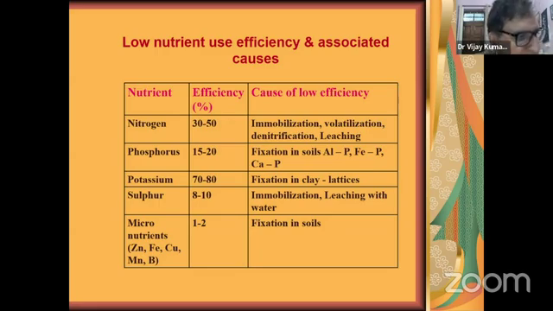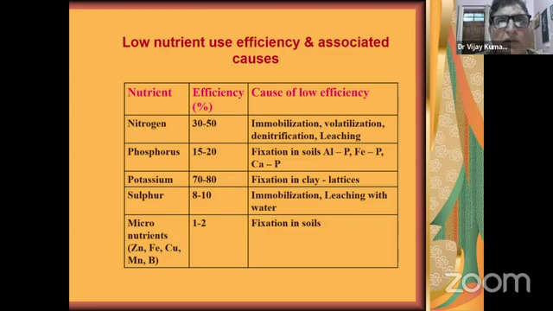Suppose I give you an example of time of application. Time relates to plant growth as well as the time of day. Suppose you add nitrogen, urea, in the daytime when there is scorching heat, then what will happen? All the urea will go into the atmosphere by volatilization losses. So when should we add urea to the soil?